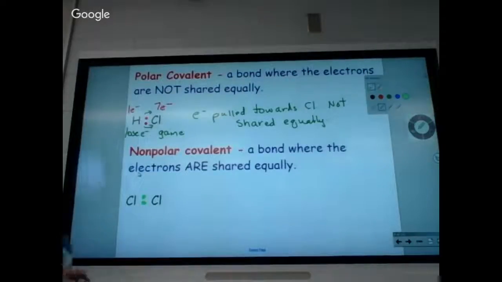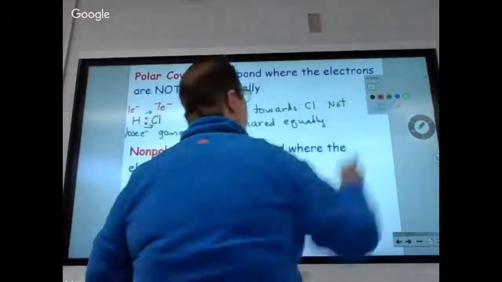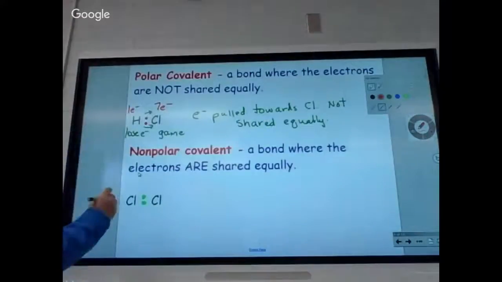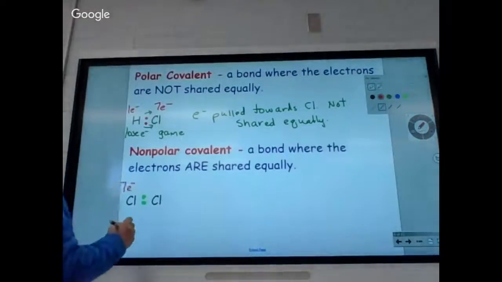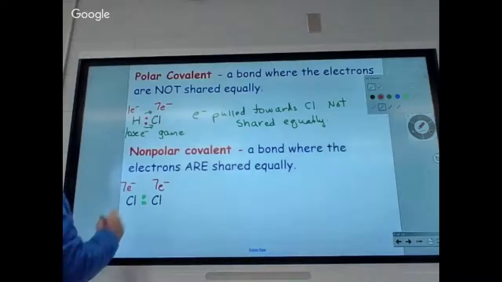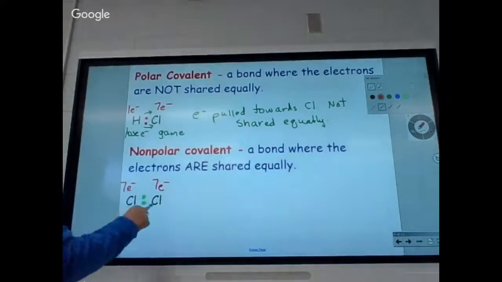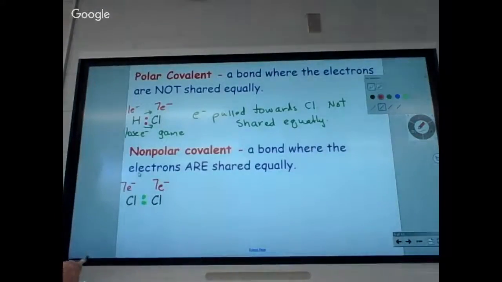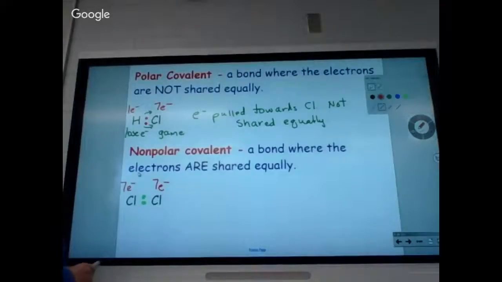how many electrons, again, does chlorine have in its outer shell? Now, would either of these two chlorines pull more than the other on those electrons? No. This would be like I've cloned Annette. Imagine two of her.